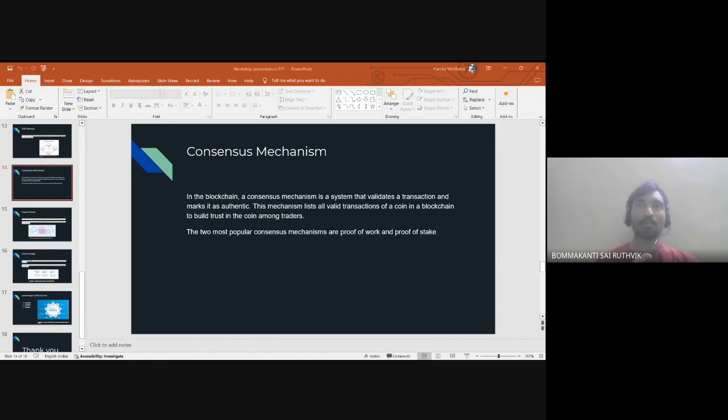There are many consensus algorithms like proof of work, proof of stake, delegated proof of stake, and proof of authority. In this workshop, we'll be discussing mainly proof of work and proof of stake. So what's proof of work?